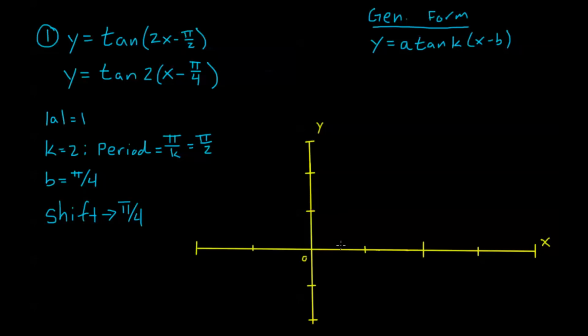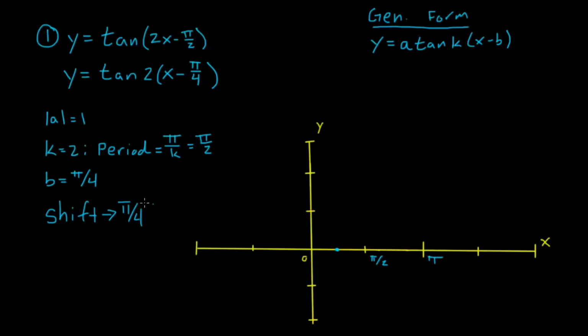So that means that the center of my new graph is going to be here at pi over 4. Let's denote this as pi here, this is pi over 2, so this is pi over 4. I've shifted my center to the right. The reason that I do that instead of shifting the left asymptote is that when the period changes for tangent, it's a compression or a stretch from the center.